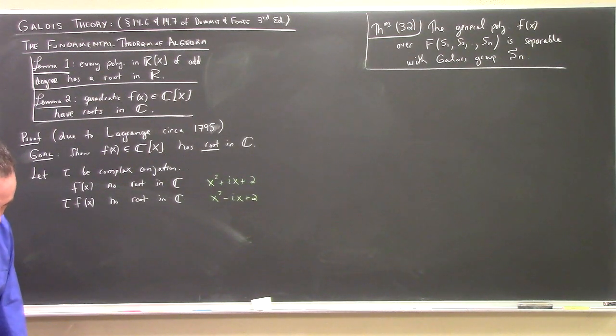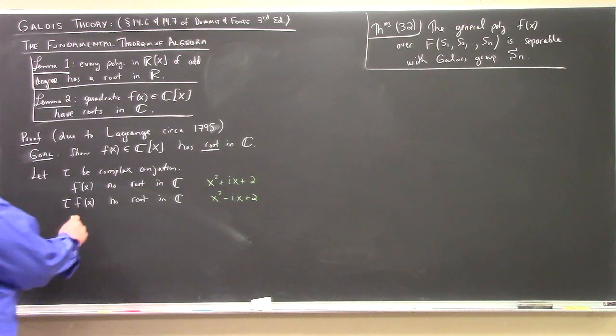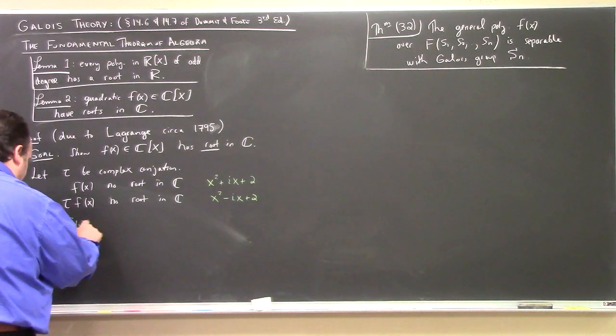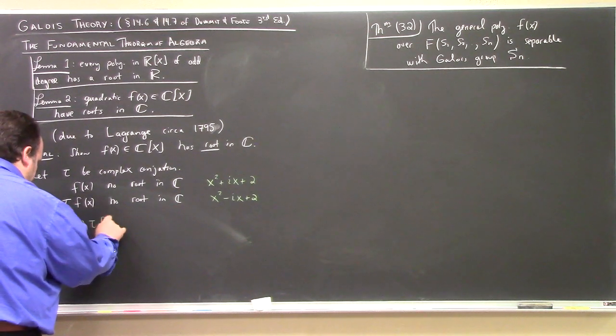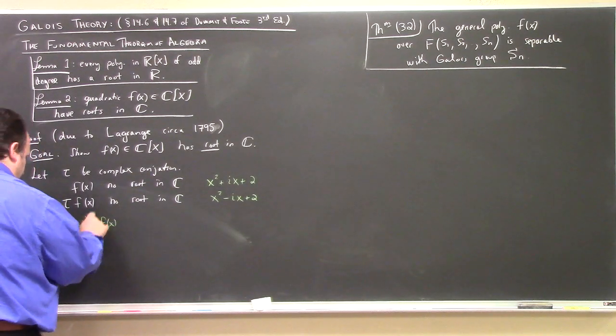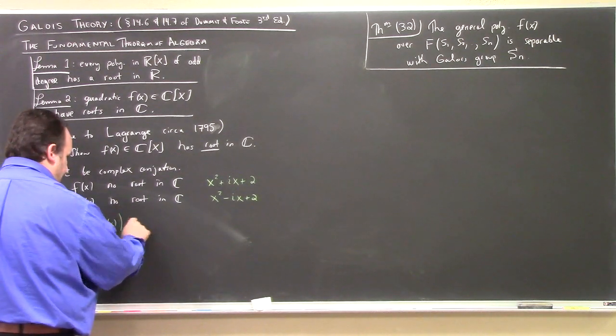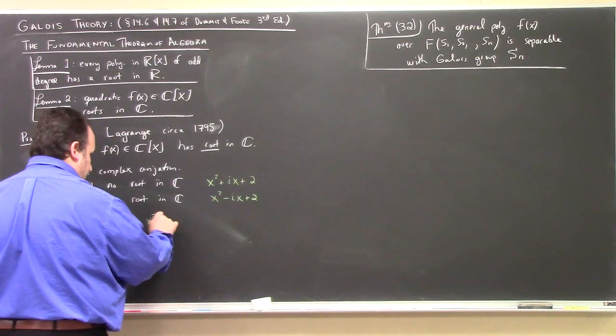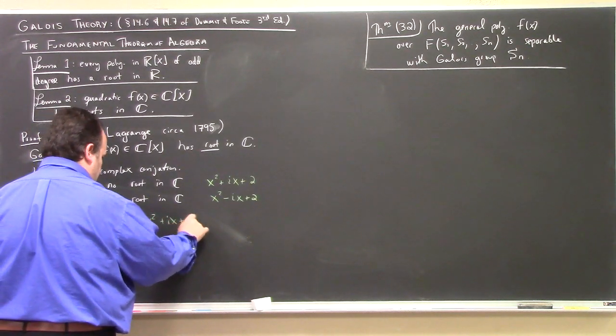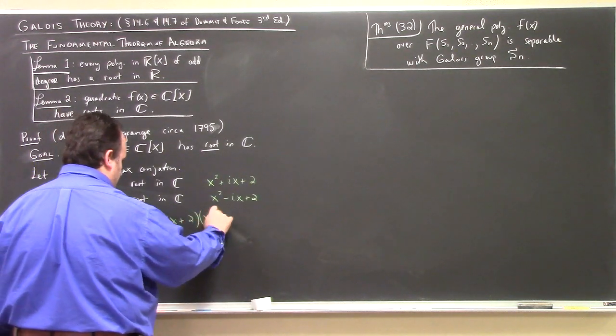However, if we look at f of x times tau of f of x, like my example, x squared plus ix plus 2, what happens when you multiply this out?